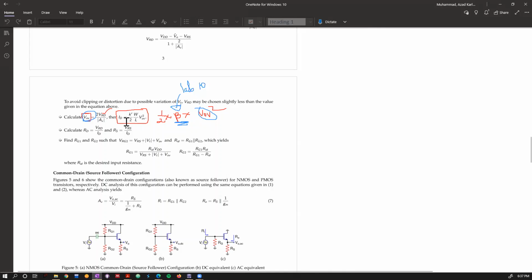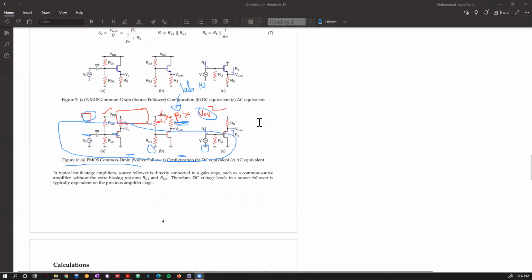Once you find your ID, you have everything you need, and you just have to calculate your resistance values. So you find your RD, RS, RG1, which is similar to RB1 in BJTs. This is your RG2, right? Here there is some additional term, which is RID. What it says is that RID is the desired input resistance.